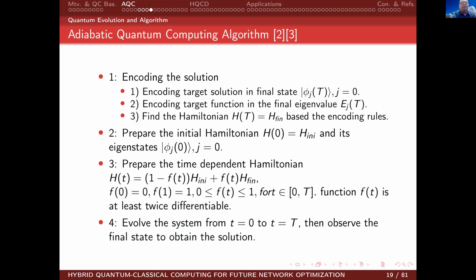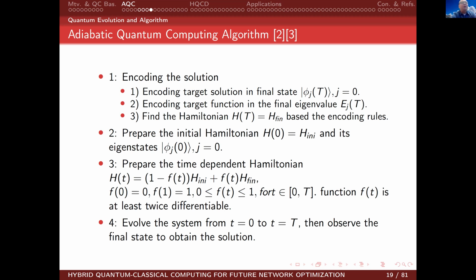In order to map the classical problem to the quantum problem, we need to encode the target we want to have. So to solve a classical problem, we want to find a solution to the classical problem.